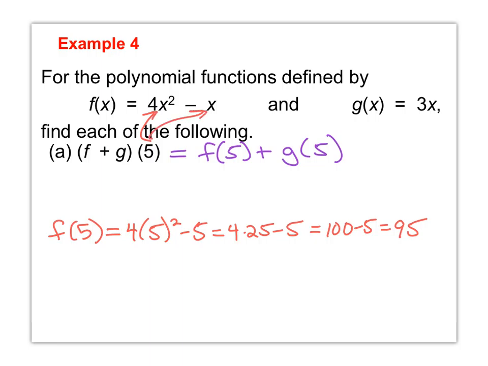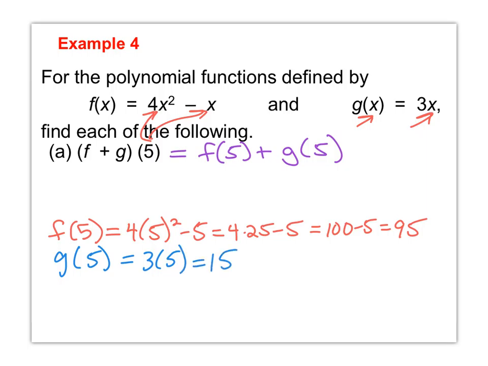Now we want to also find out what the value is when we plug 5 into the g of x function. So our g of 5 is equal to 3 times 5, and that's 15.